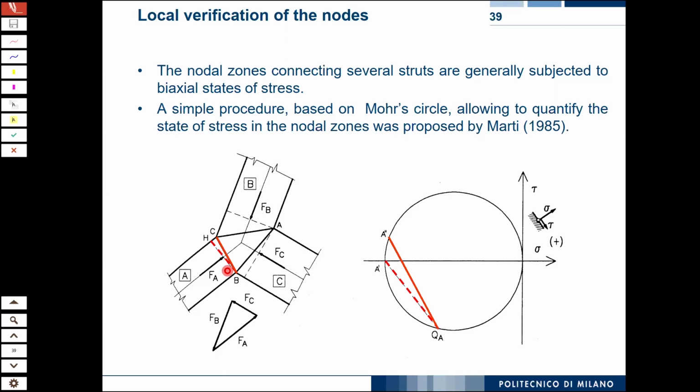So we want to know the stress along this solid line: just start from here and draw a line with the same inclination. You find this point. What does it mean? It means that on this line you have a stress state with a certain compression, lower than this, but also some shear stress.